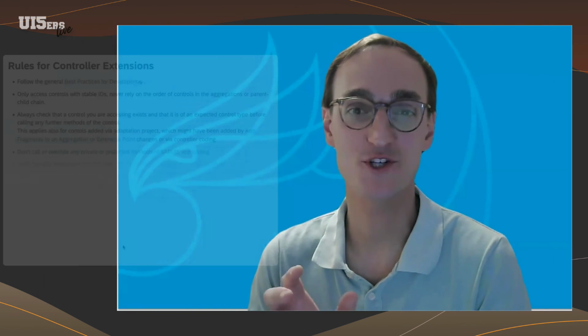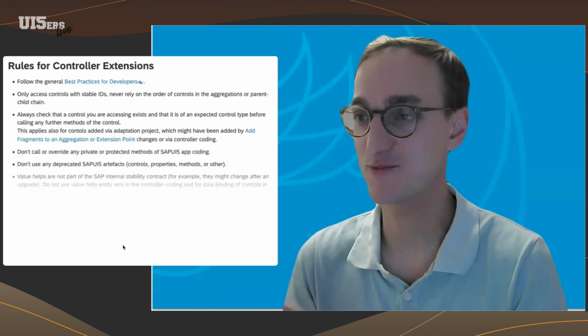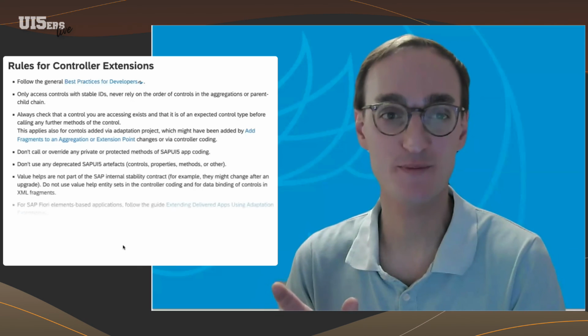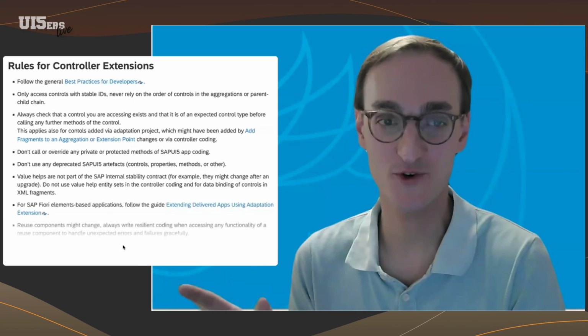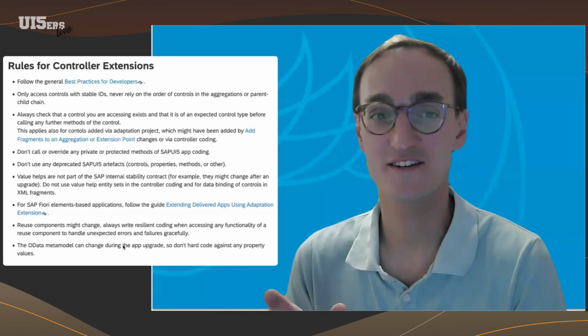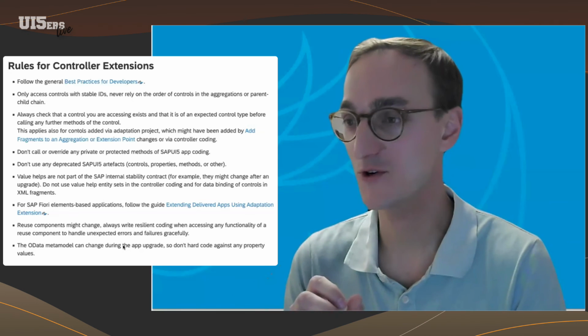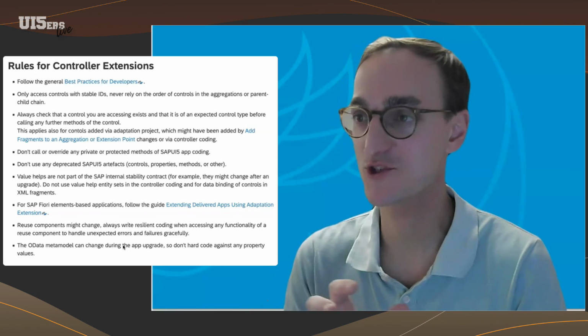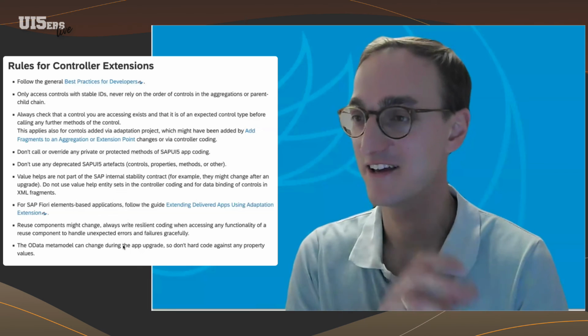And just one thing to mention, there are still rules for building your extensions, which are just very simple best practices, which will allow you to have the process smooth. So just follow the best practices from UI5 when building your extensions. Use stable IDs and do resilient coding, in terms of checking that controls you're accessing exist.